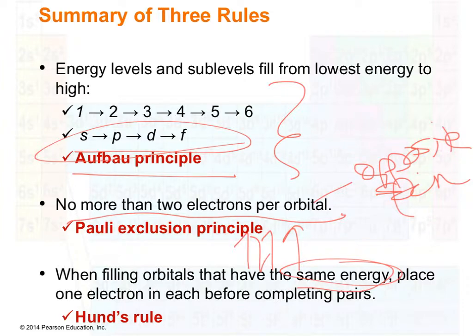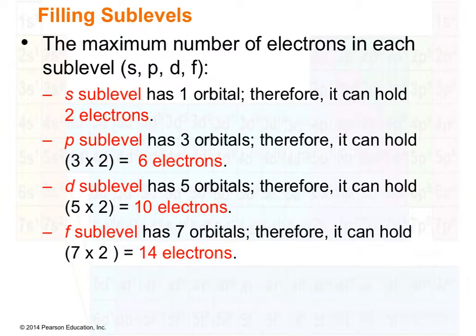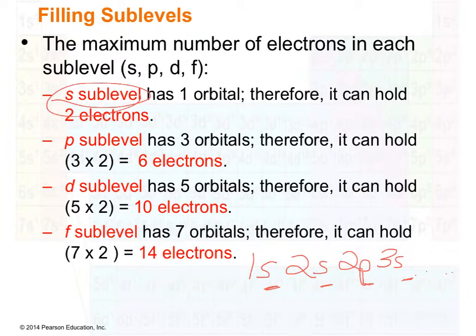So let's start writing some electron configurations. I've mentioned the different energy levels, 1s, 2s, 2p, 3s, etc. But they all have superscripts telling us how many electrons are in each sublevel. But first, you need to know how many electrons each sublevel can possibly hold. An S sublevel has only 1 orbital, so an S sublevel can only hold 2 electrons.